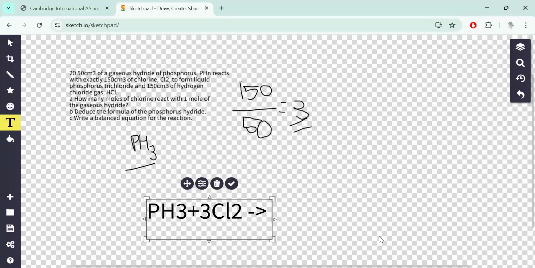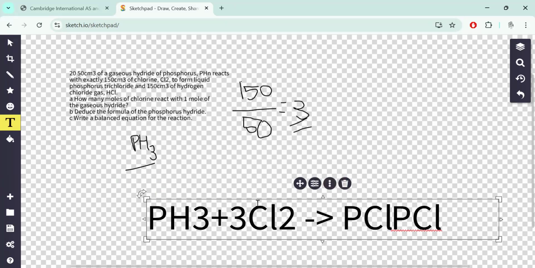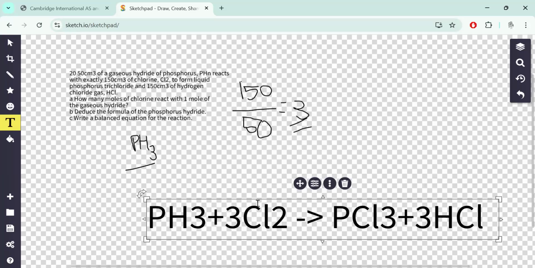So this would be equal to PCl3 plus 3 HCl.